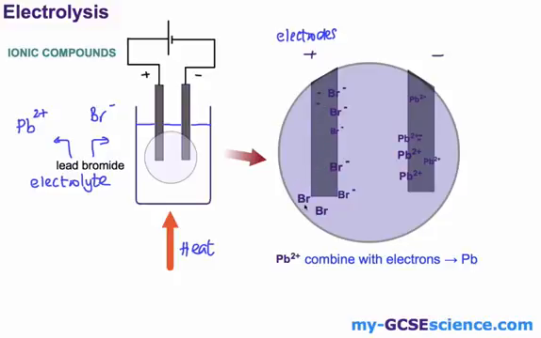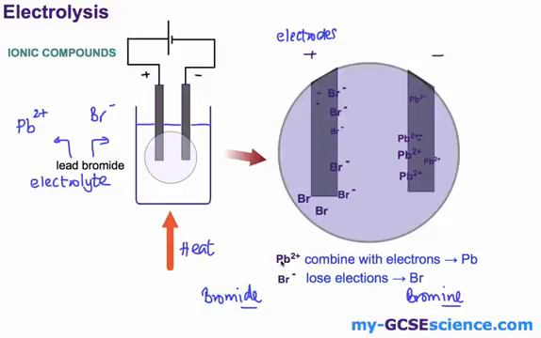Then we end up with the atom of bromine. When it's an ion we call it bromide. Each one will lose one electron and become the element bromine, or bromine atoms. When it's an ion we call it bromide, and when it's the atom or the element we call it bromine. So this is what's happening at each of the electrodes.